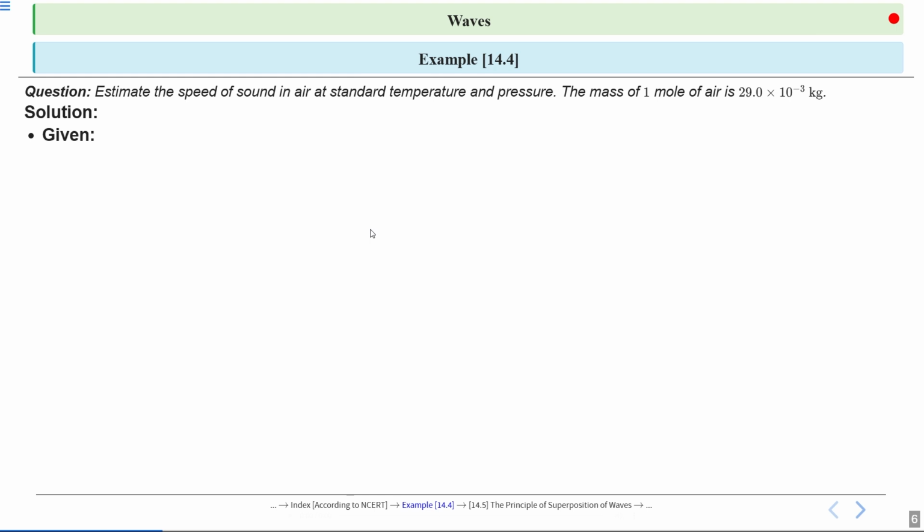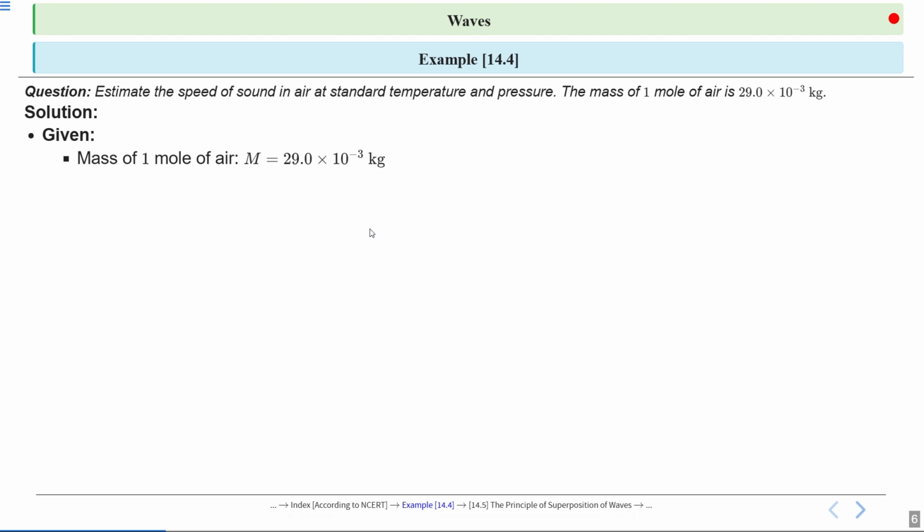First, let's see what is given in this question. Here we see that the mass of 1 mole of air is given as m equal to 29.0 into 10 raised to the power minus 3 kg.